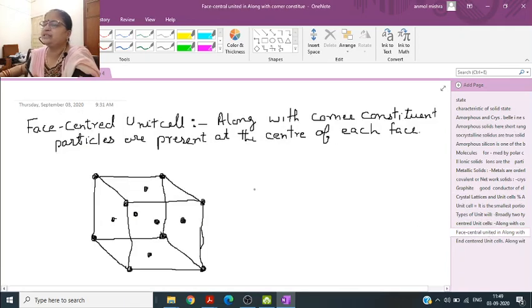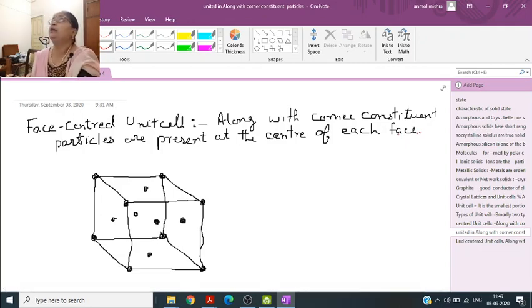The next is face centered. Along with the corners, the constituent particles are present at the center of each face. You can take the example of the room: 4 walls, 1 floor and 1 top.